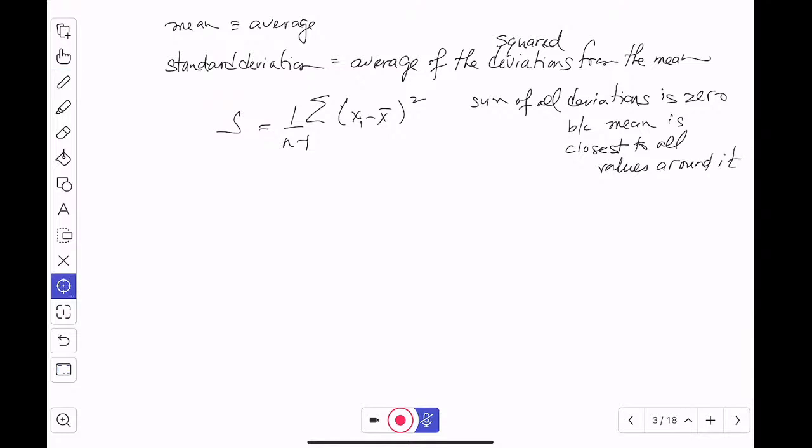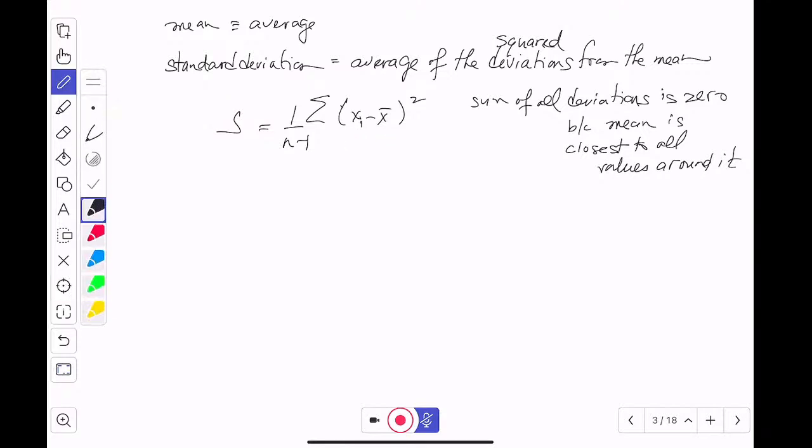So it's in a balanced way. When you get the deviations, the ones above will be perfectly offset by the ones below. And when you try and sum those deviations, some will be positive, some will be negative, and they're going to make 0. So to avoid that, all you want to do is get rid of the sign.